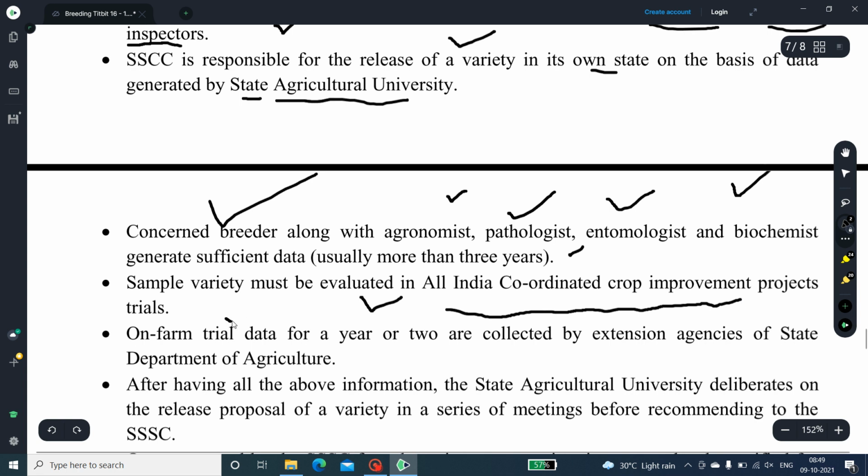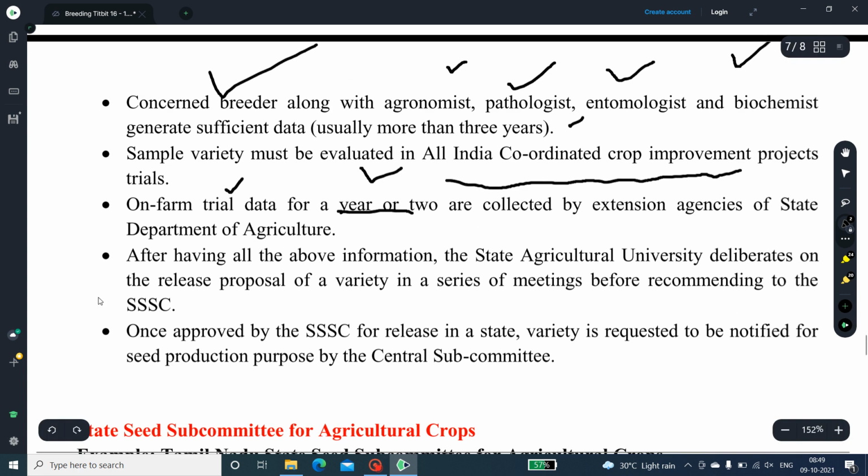On-farm trial data for a year or two are collected by extension agencies of the State Department of Agriculture or State Department of Horticulture and Plantation Crops. After having all the above information, the State Agriculture University deliberates on the release proposal of a variety in a series of meetings before recommending it to the State Seed Subcommittee.